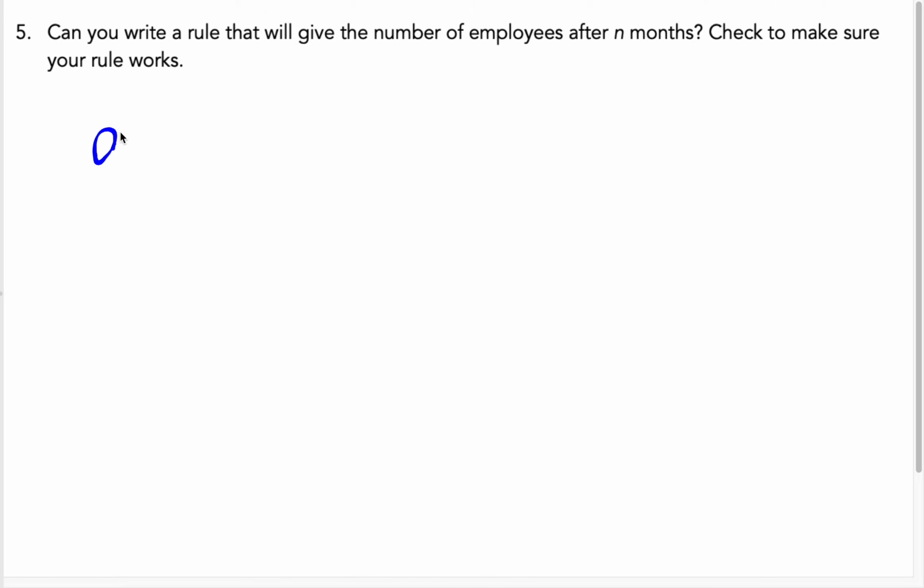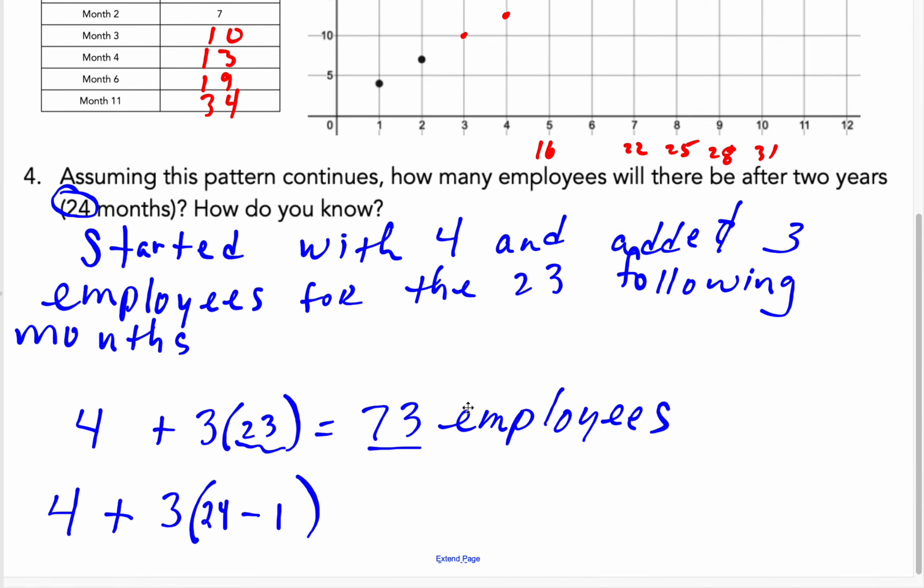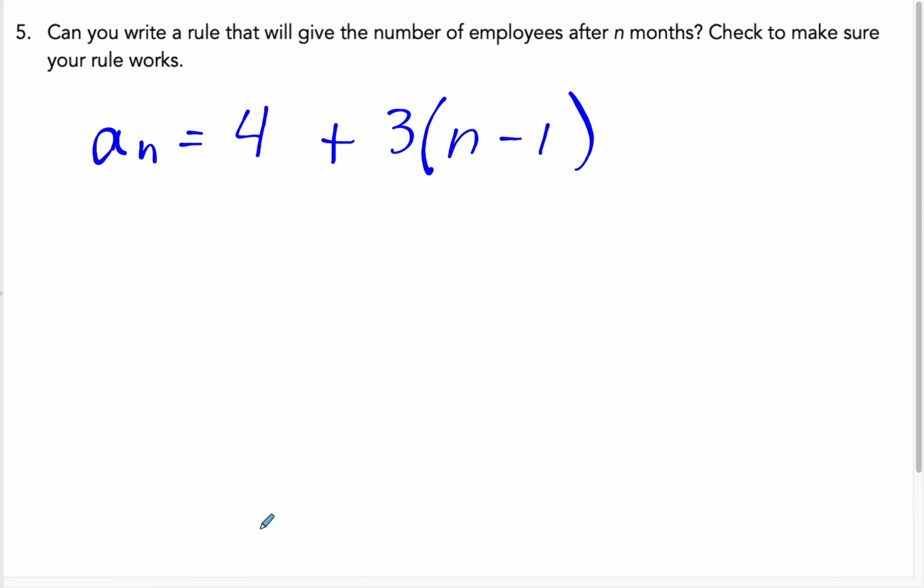So we're going to write a sub n. We're starting with 4. We added 3 times n minus 1. That's exactly what we did back here. Started with 4, we added 3, and this 23 is really n minus 1.